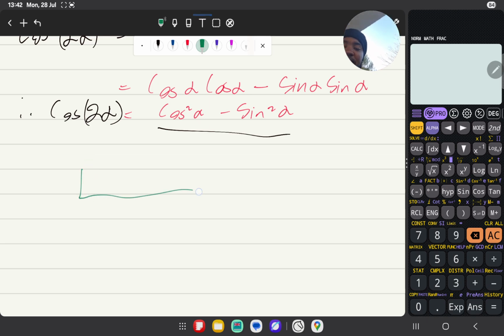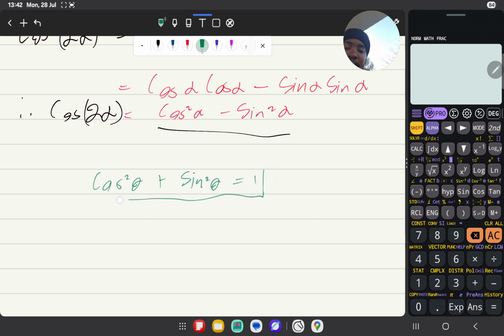And from cos 2 alpha, you can remember now, we have this identity: cos squared theta plus sine squared theta equals 1, right?